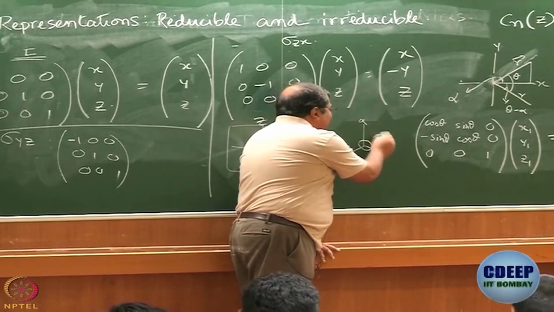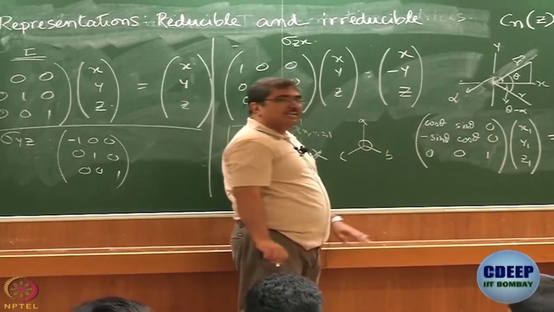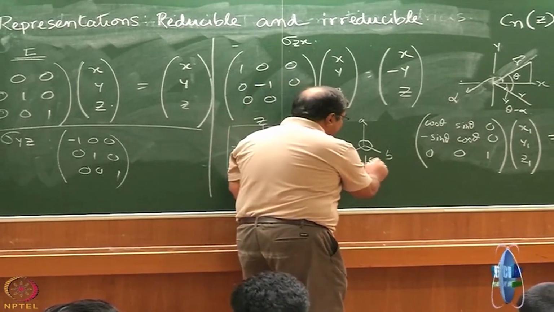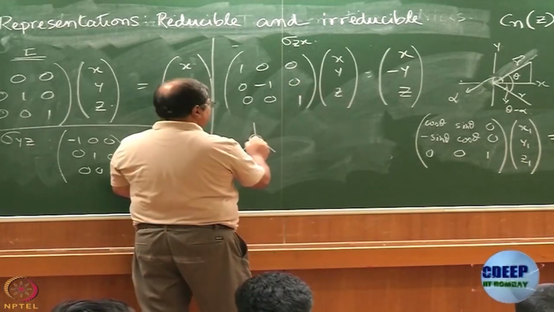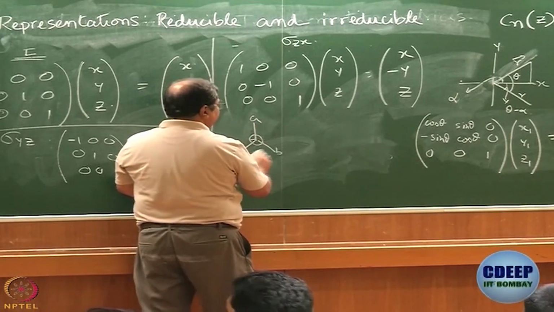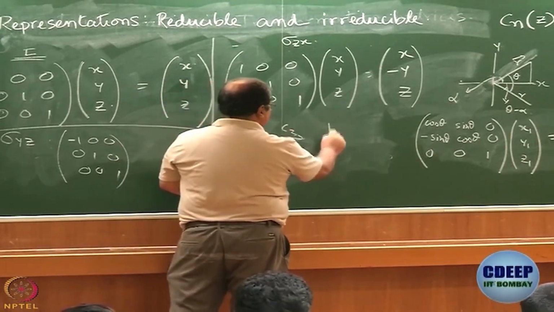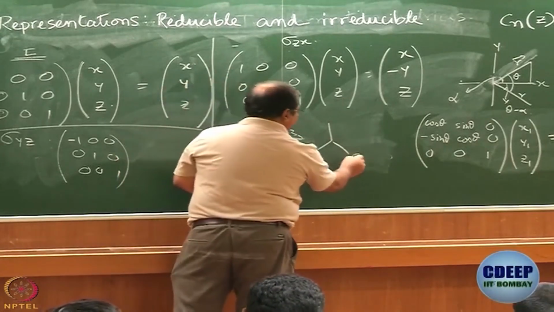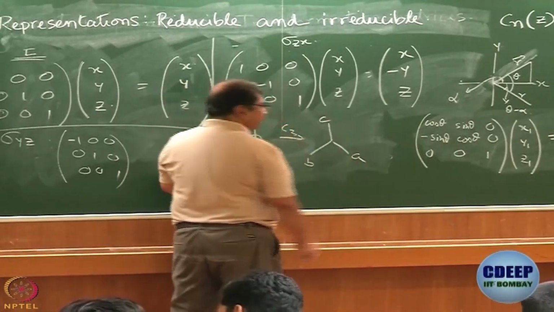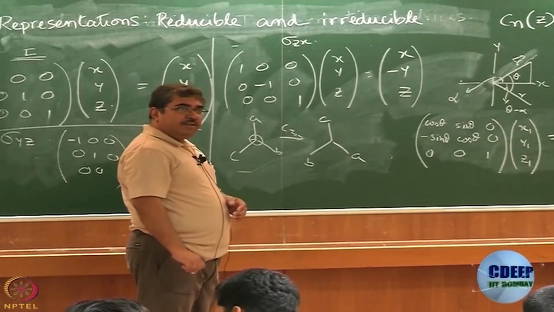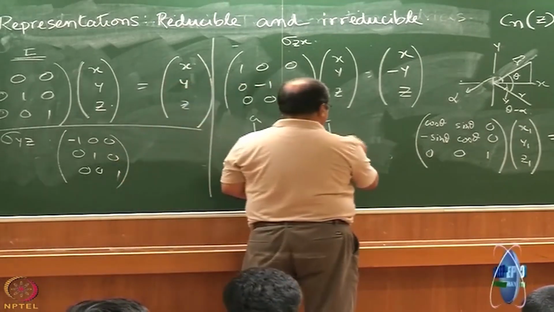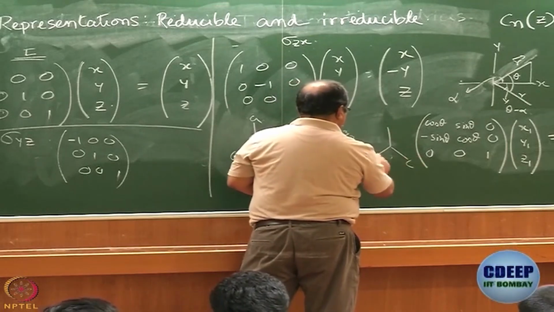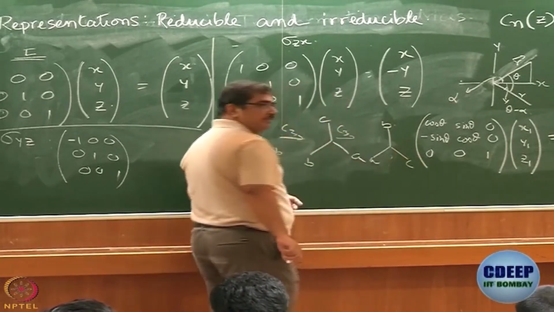Let us say I have 3 atoms A, B, C. These are the 3 hydrogen atoms of ammonia. I can do a C3 operation like this. C3 takes A to B, B to C, C to A. I can do it again, another C3. Then C comes here, A comes here, B comes there.